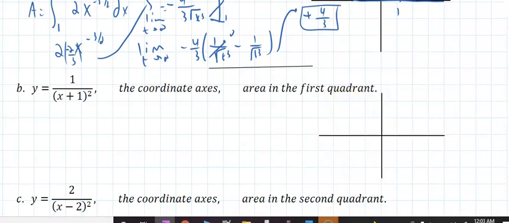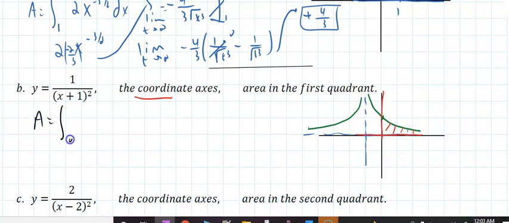If I look at this problem, well, x equals -1 is a vertical asymptote, horizontal asymptote, y equals 0. When x equals 0, y equals 1. So the graph looks like this. And I'm trying to find the area in the first quadrant, bounded by the coordinate axes, that's the x and the y. They're talking about this region. So here, I'm going to say area equals the integral from 0 to infinity of 1 over x plus 1 squared dx. I integrate that. That's the integral of x plus 1 to the -2.